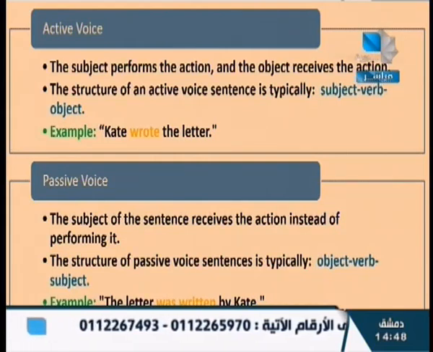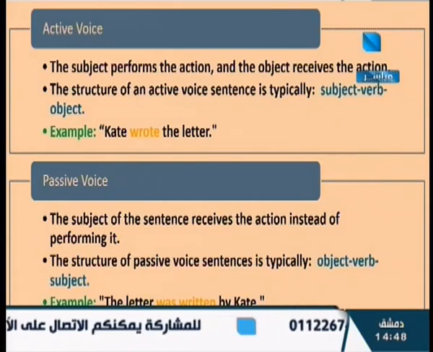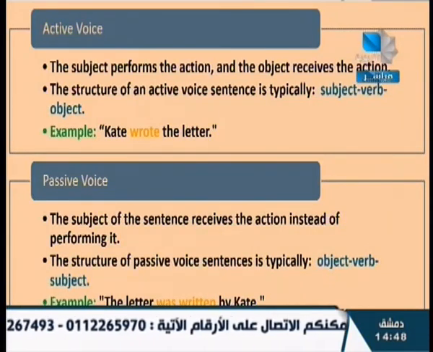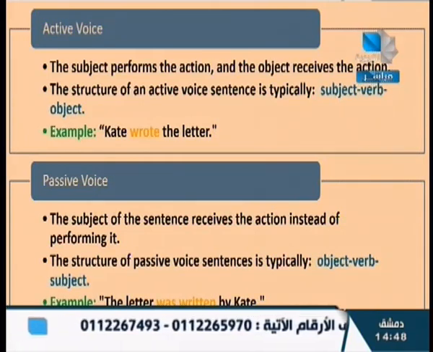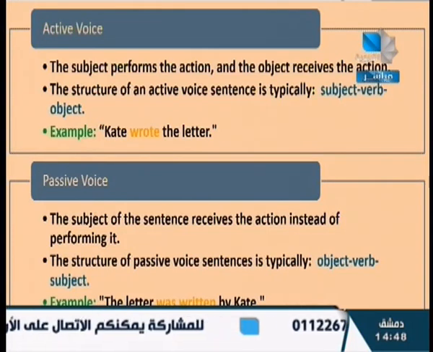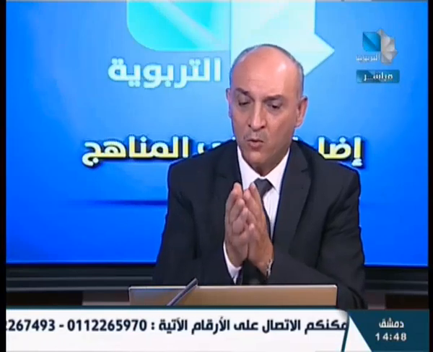You mean when we have this order? Yeah. Again, some students get confused and they don't know whether this sentence is active or passive. How can they differentiate between active and passive? When, dear students, you read a sentence and you have this order, the subject, then the verb, then the object, I mean, the subject is the doer of the action.